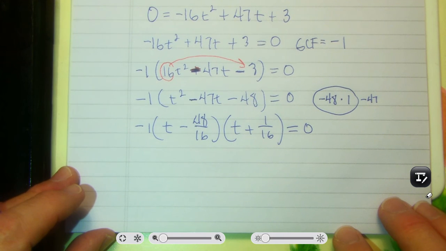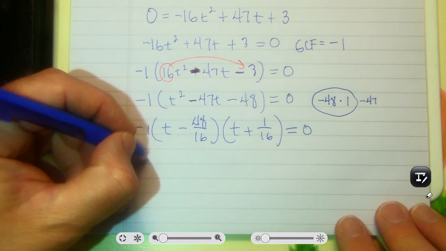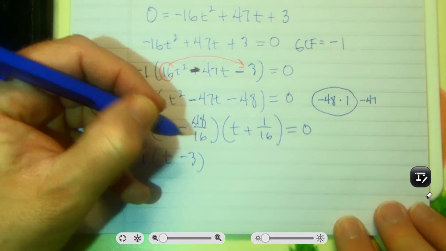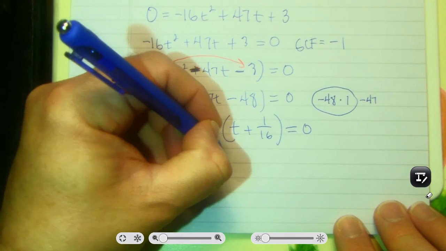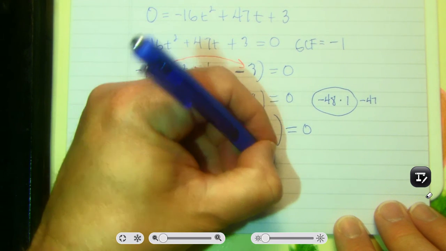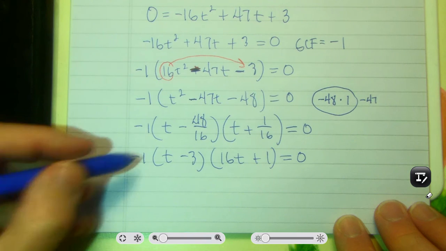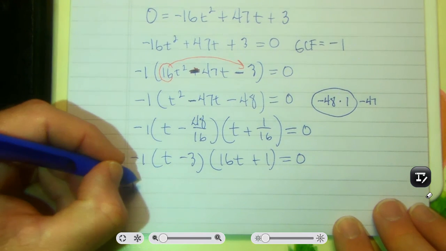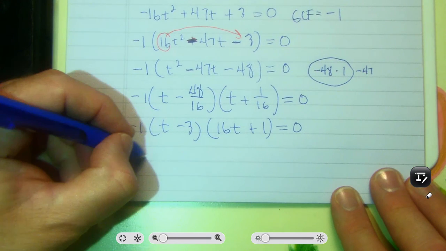Well, one more step to simplify things. 48 divided by 16 is 3. So this would be t minus 3. And to simplify that one, that's going to be 16t plus 1. I'm not going to set negative 1 equal to 0 because negative 1 never equals 0.